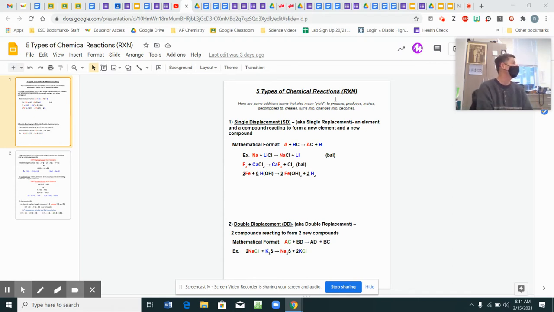We already talked about yield means to produce, right? But I'm not always going to use the term yield. I may say something like to produce, to make. I may say something like if it's going to break down, decomposes to, it creates, it turns into, it burns, it combusts, it becomes, it changes into.